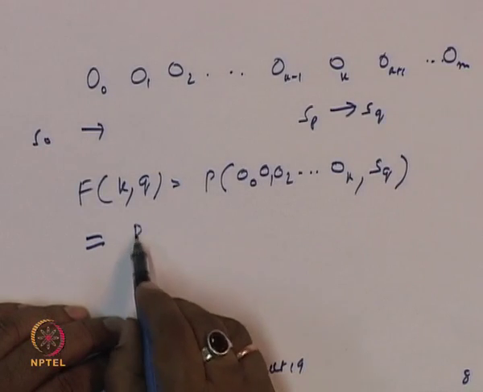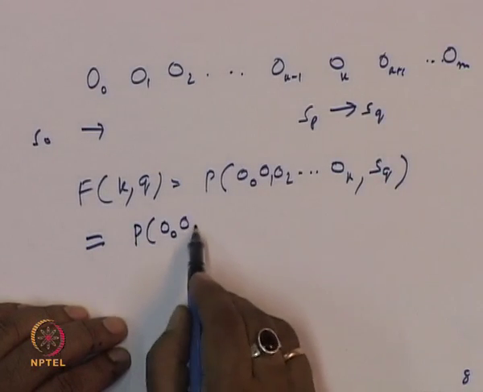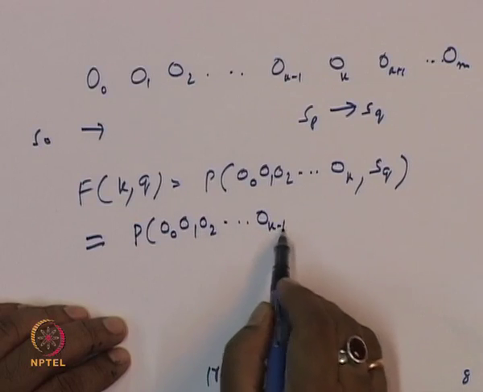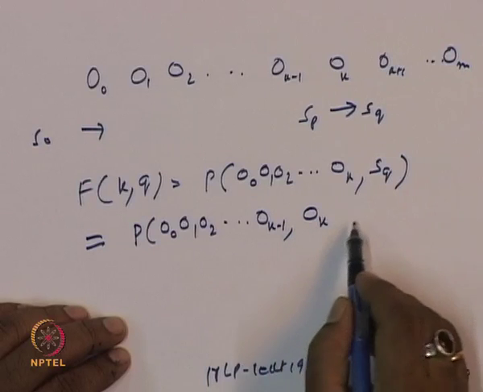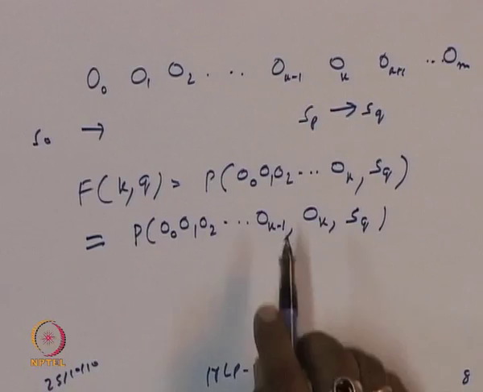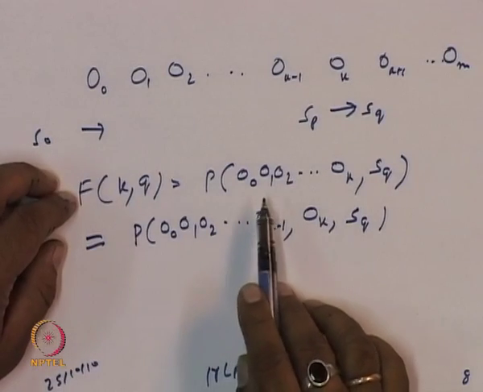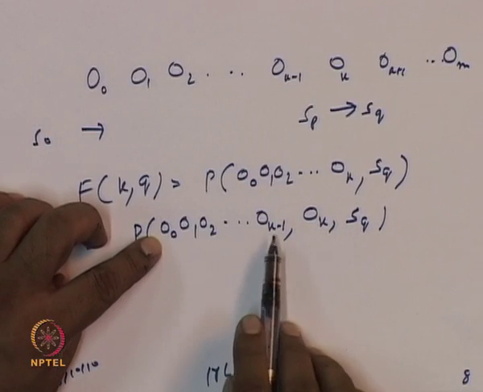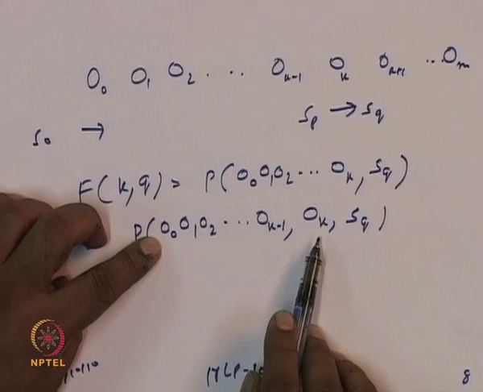So, this would be equal to P of O naught, O1, O2 up to O k minus 1, O k, comma S q. I am just dividing this sequence O0, O1, O2 up to O k into two parts, O0 to O k minus 1 and O k.